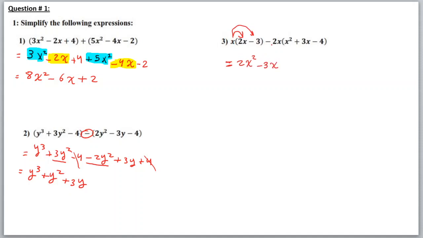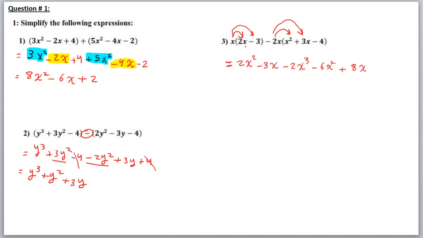And then minus 2x multiplied by x squared, so it will be minus 2x to the power 3, and then minus 2x multiplied by 3x, so it's negative, since negative times positive is negative, as we said. 2x times 3x, it is 6, 2 times 3 is 6, x times x is x squared, and then negative 2 times negative 4, so it will be plus 8x.